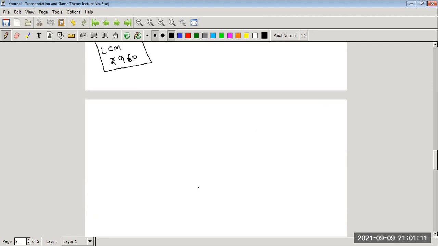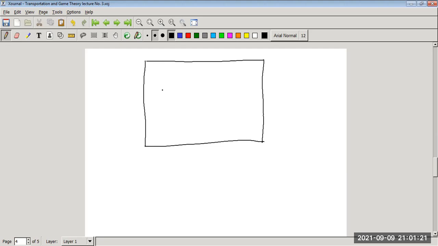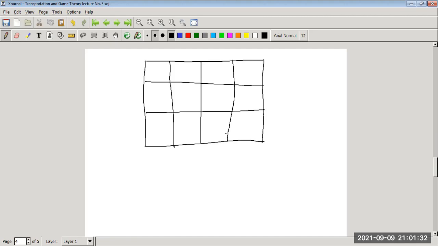Now I will give you one question. You will try to solve this transportation problem by Vogel's approximation method. This is station number 1, 2, 3. 1, 2, 3, 4 are the destination points.